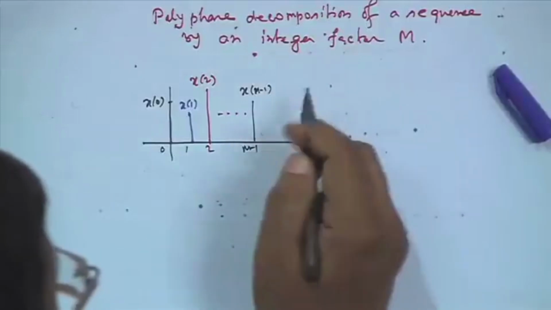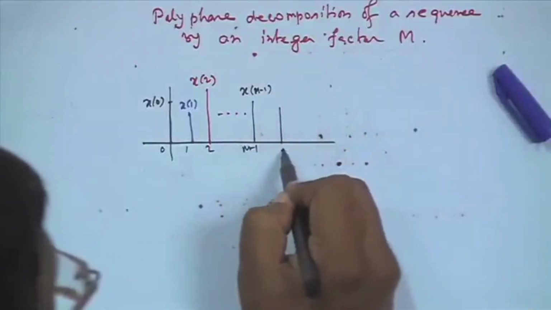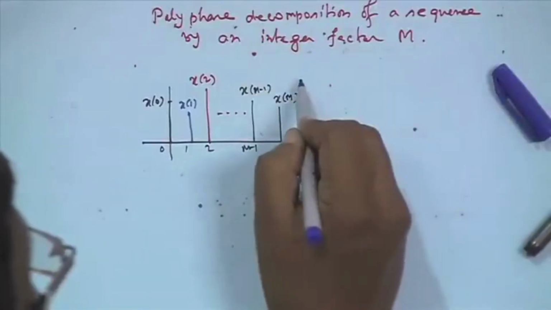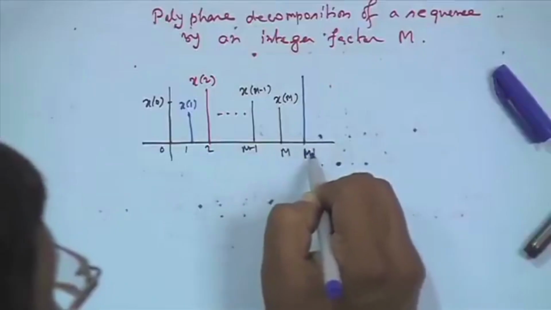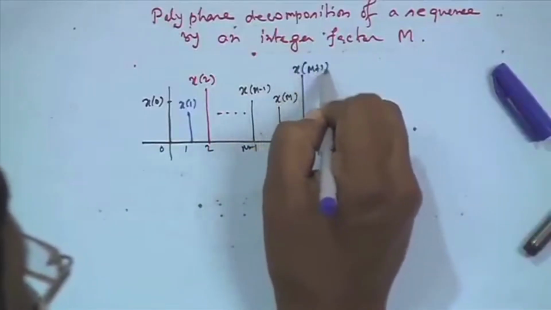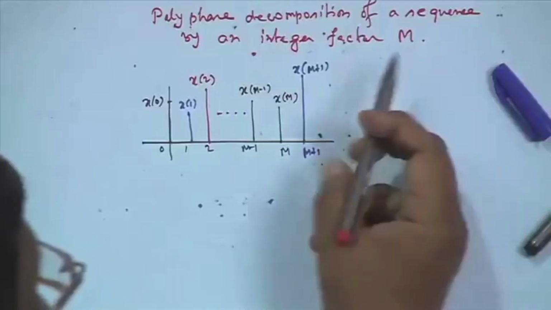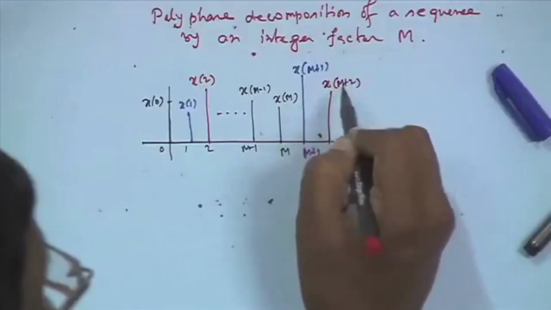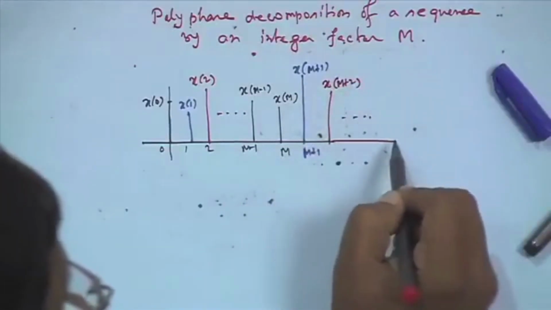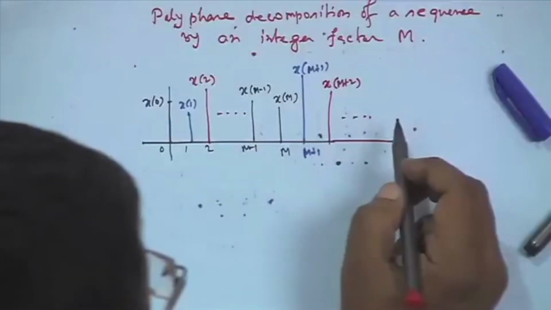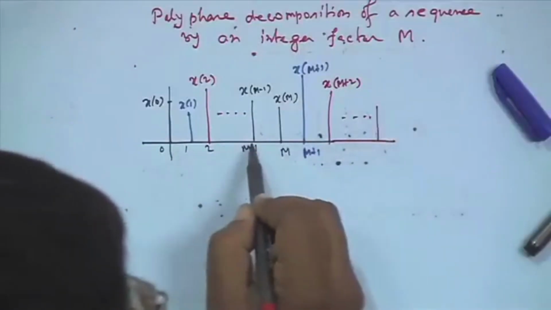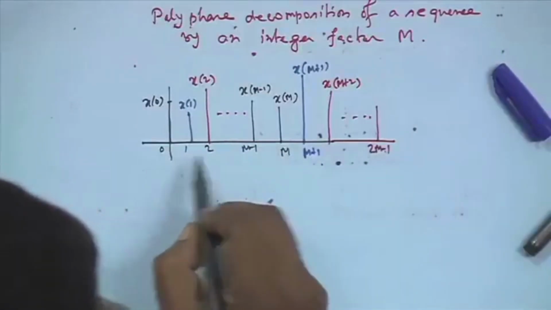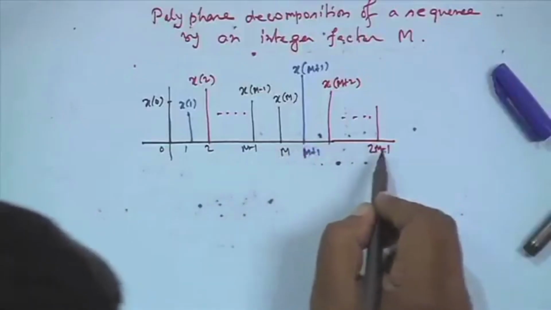Then again at the mth point x m, then m plus 1. So, 0 to m minus 1, m to 2m minus 1, you have to just add m plus 0, m plus 1, m plus 2 up to m plus m minus 1.